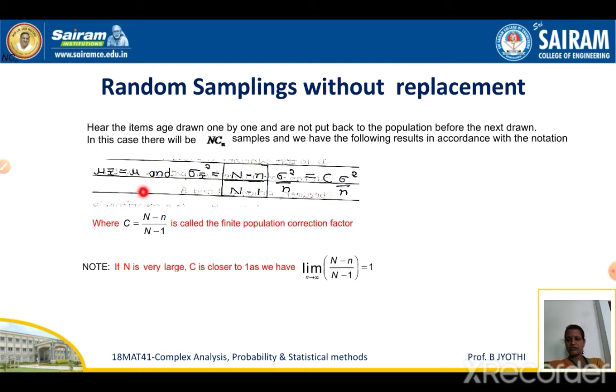That is, mu x bar is mu, and sigma x bar squared is (N minus n) by (N minus 1) into sigma squared by n, or this (N minus n) by (N minus 1) can be denoted as C, so it is C into sigma squared by n, where C is (N minus n) by (N minus 1), called the finite population correction factor. If N is very large, C is close to 1, as in the limit N tends to infinity, (N minus n) by (N minus 1) is 1.